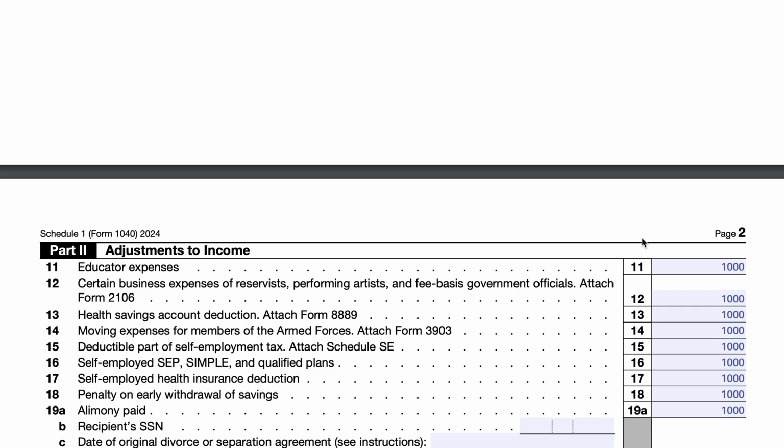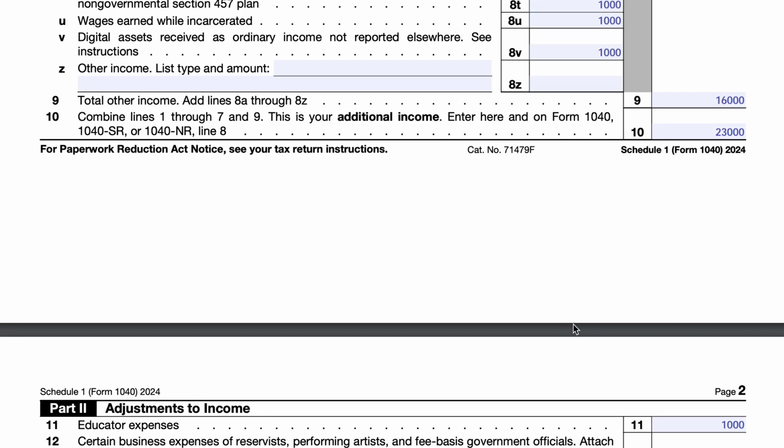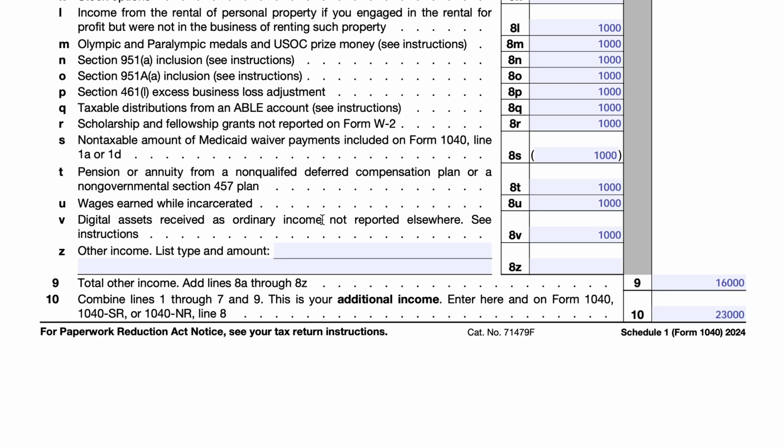So there are certain items of non-taxable income, real quick, that you would not report here. Things like child support has never been taxable income. It's never been a tax write-off before or after the tax law that changed alimony treatment. Life insurance proceeds. There are certain employer-owned life insurance policies where the proceeds may be taxable.